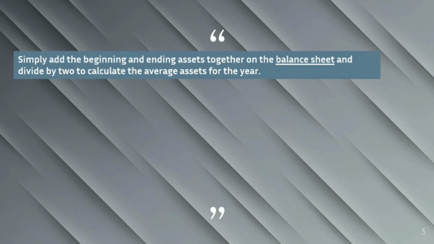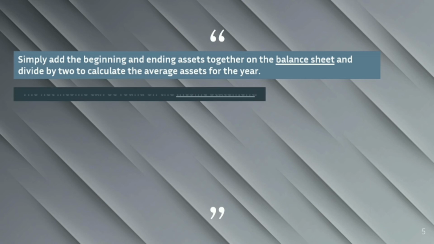Simply add the beginning and ending assets together on the balance sheet and divide by 2 to calculate the average assets for the year. So in getting the average assets, we need to add the beginning and the ending assets on the balance sheet and divide it by 2. The net income can be found on the income statement.